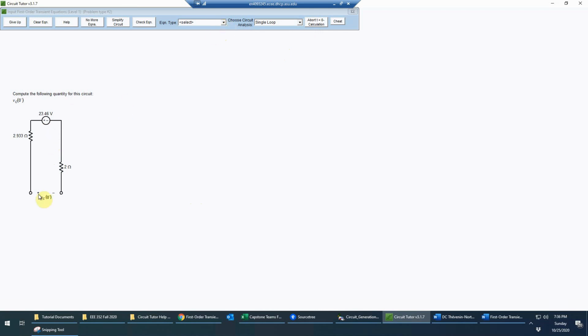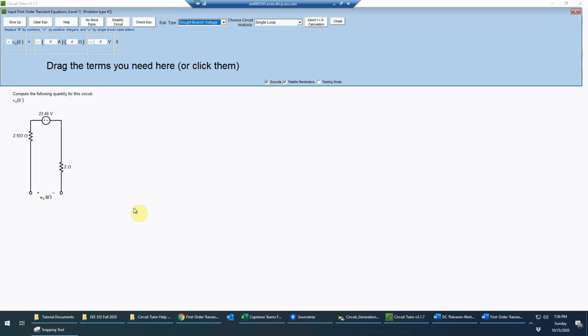And basically, I just need this voltage. So I'm going to write a sought branch voltage equation, and that'll be for the VC of 0 minus. And really, I can see by inspection that because no current flows through this steady state capacitor, there's not going to be any voltage drop across either one of these resistors, and so really just this voltage is going to appear directly across the output.